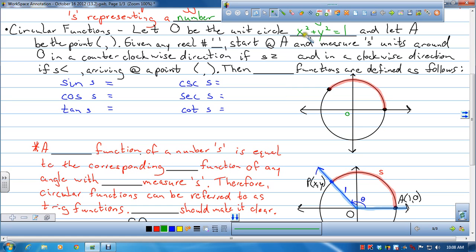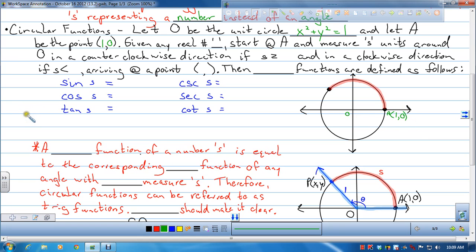If you recall, that formula is the equation for a circle with a center at 0, 0 and a radius of 1. We're going to let A be the point 1, 0, since we have a radius of 1.